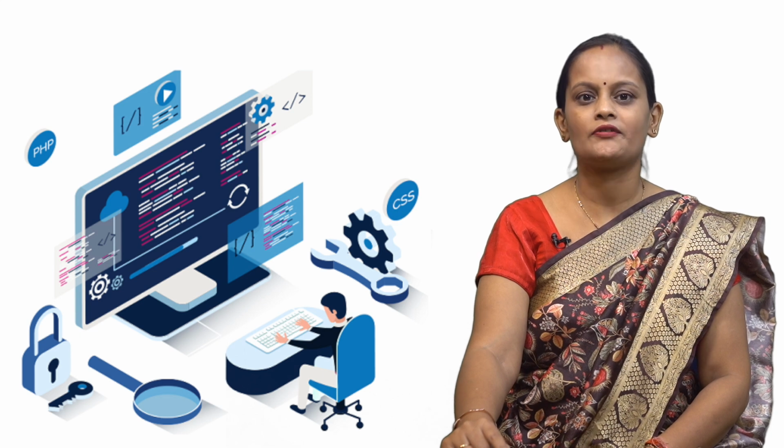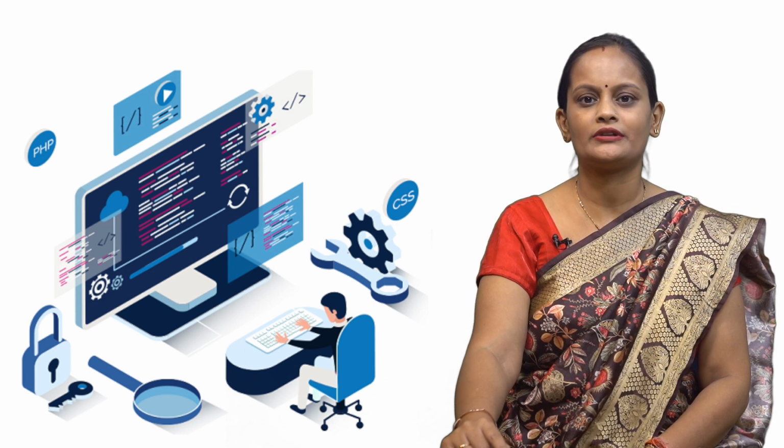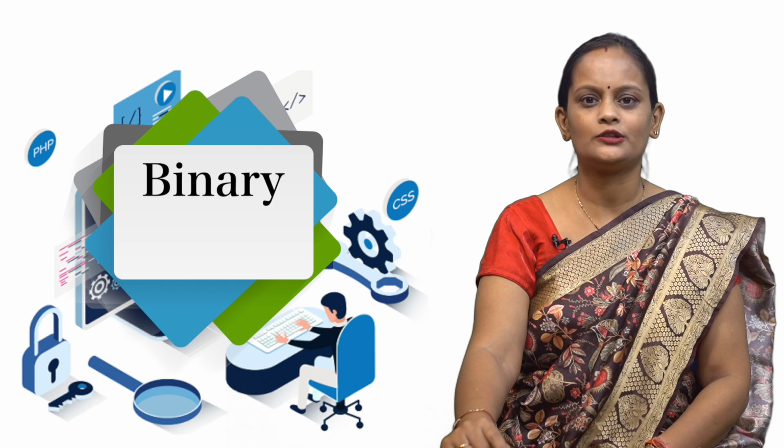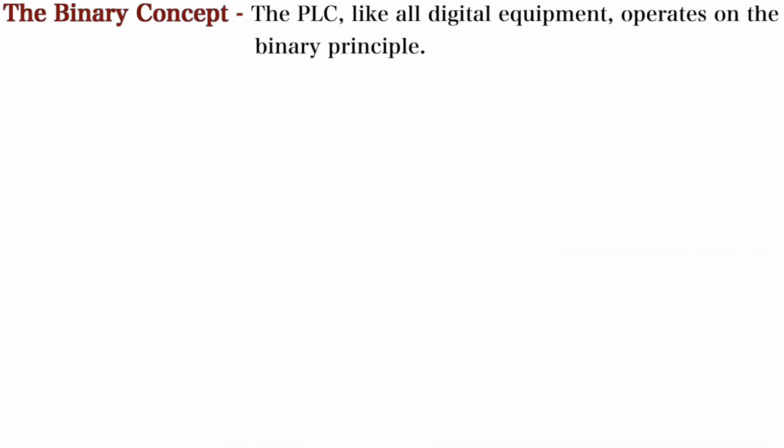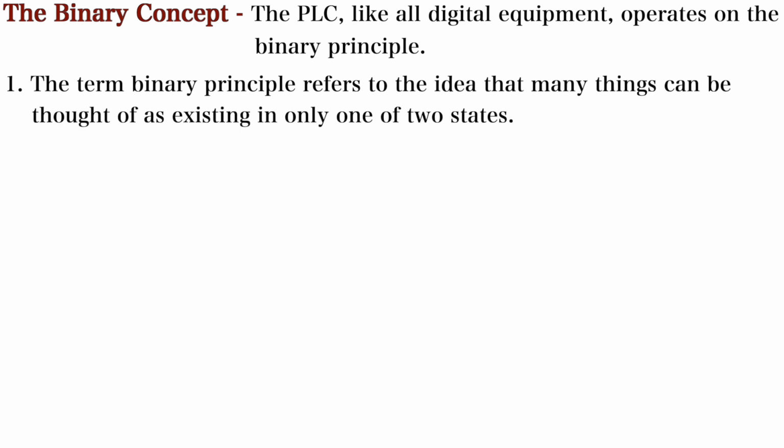In today's lecture, we will start with the PLC programming with the basics of the binary concept. Now the binary concept. The programmable logic controller, like all digital equipment, operates on the binary principle. The term binary basically refers to the idea that many things can be thought of as existing in only one of two states.